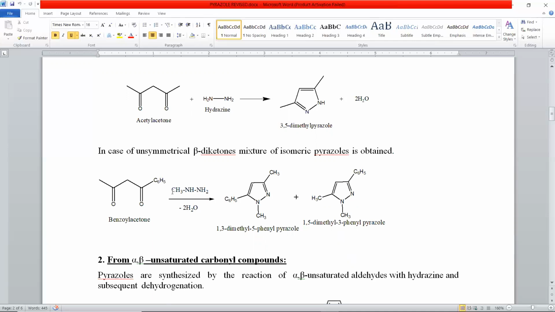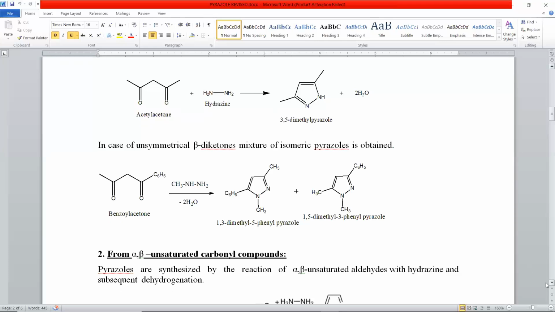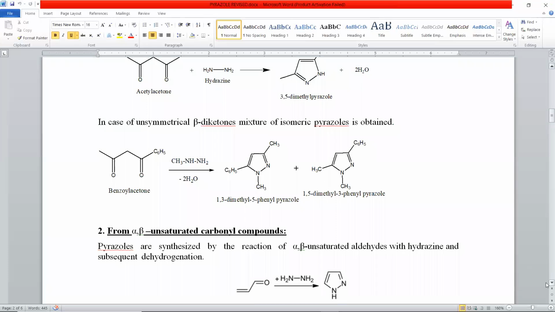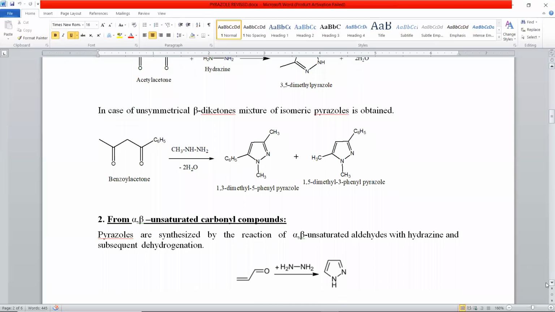It is reacting with methyl hydrazine to form 1,3-dimethyl 5-phenyl pyrazole, and this is 1,5-dimethyl 3-phenyl pyrazole. So two isomeric compounds are obtained when the beta diketone is unsymmetrical.